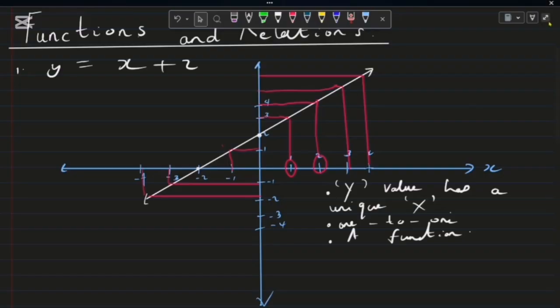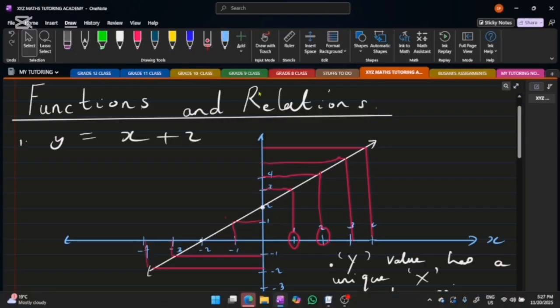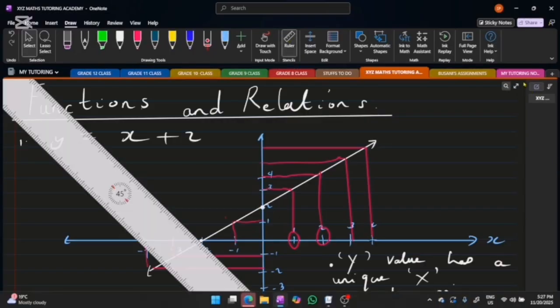Let's see if I have a ruler over here. Yes, I do. Okay, so let me just use the ruler.